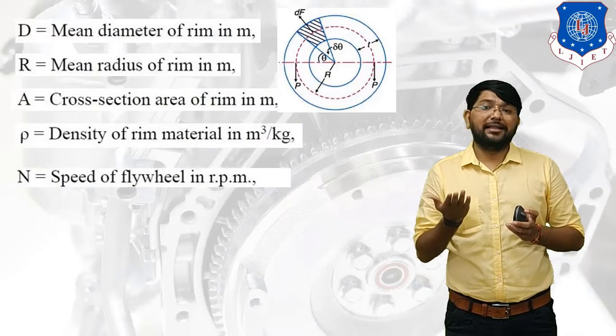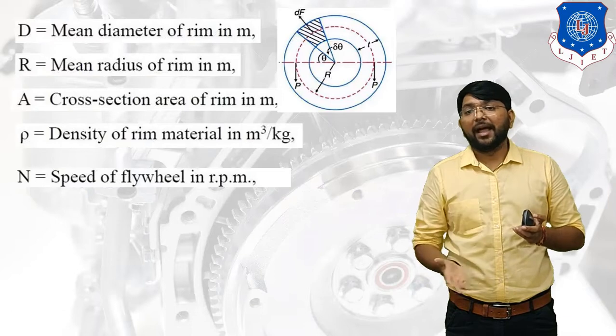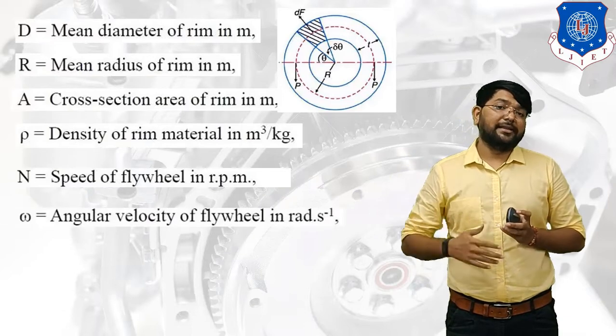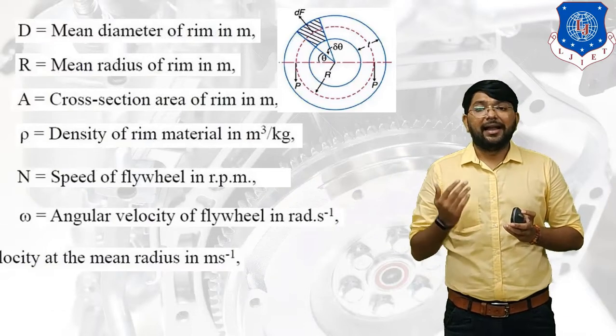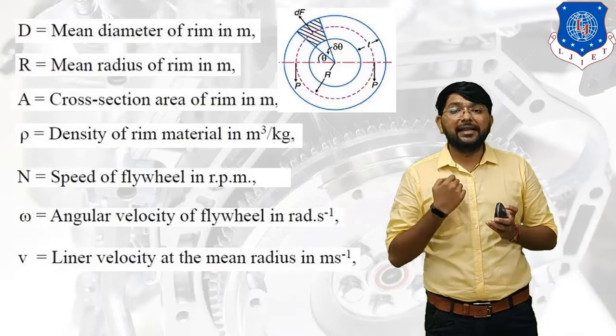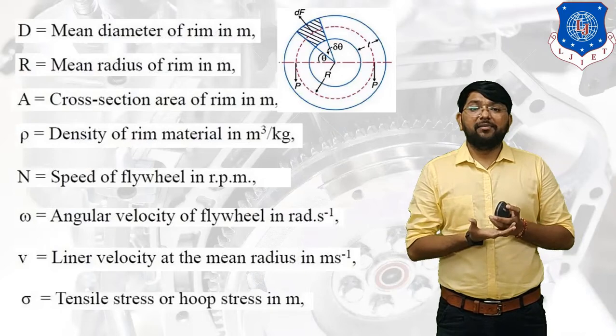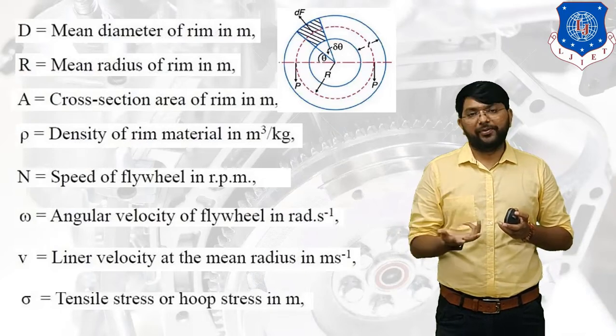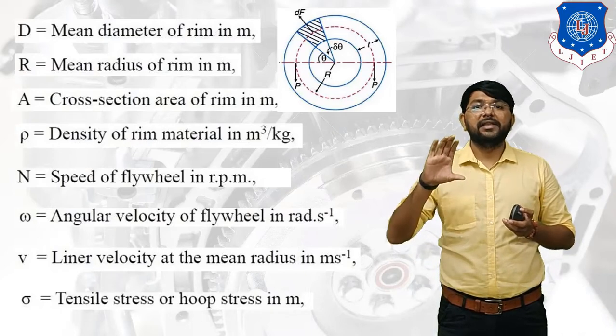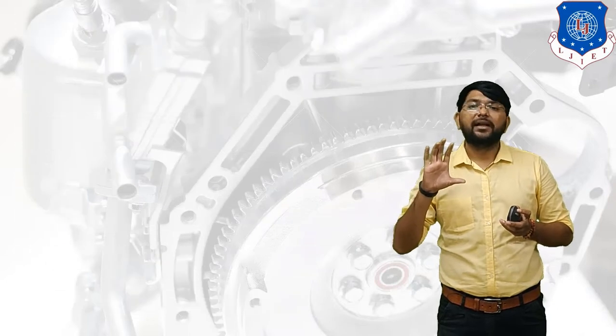Capital N is the speed of the flywheel, and omega is the angular velocity of the flywheel. Small v is the linear velocity at the mean radius, and sigma is the tensile stress or hoop stress. This is the basic terminology of the flywheel ring.